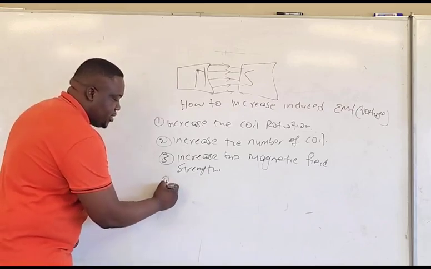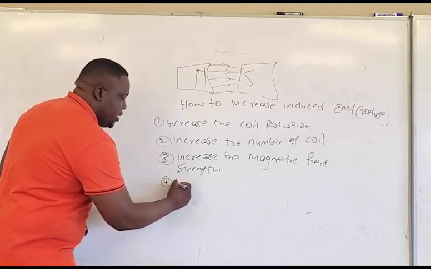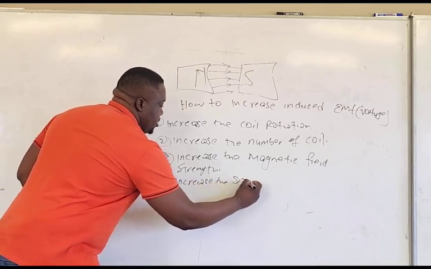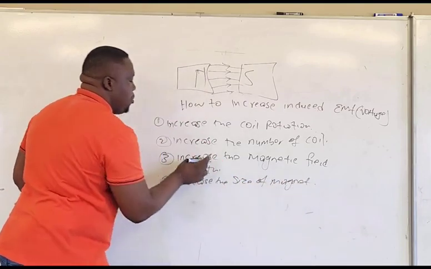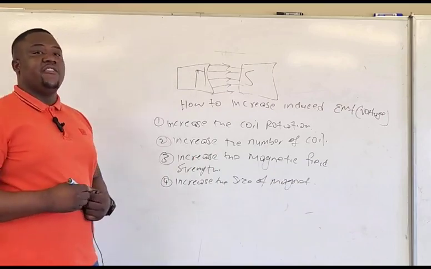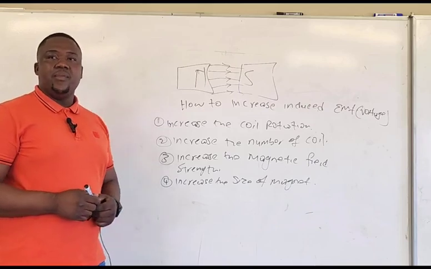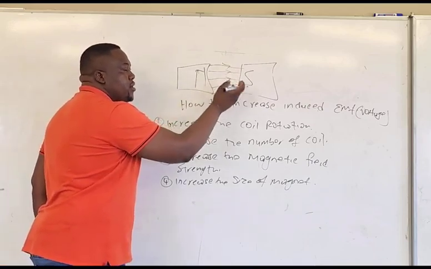We can basically say, number four, you increase the size of the magnet. I can merge this point into one point, because when you increase magnetic field strength, you are basically increasing the size of the magnet. What do we mean? You see the magnetic field here.